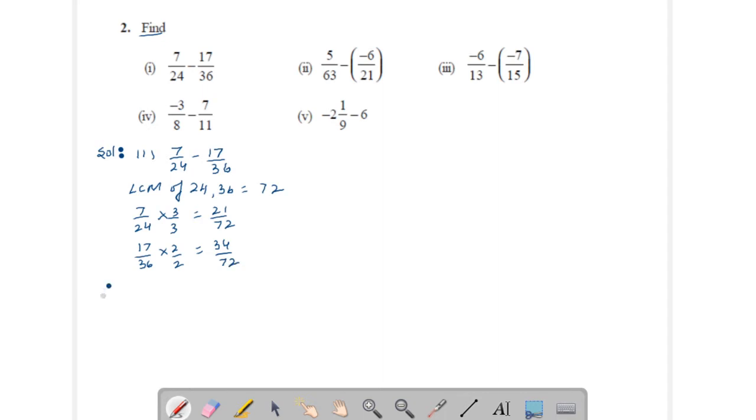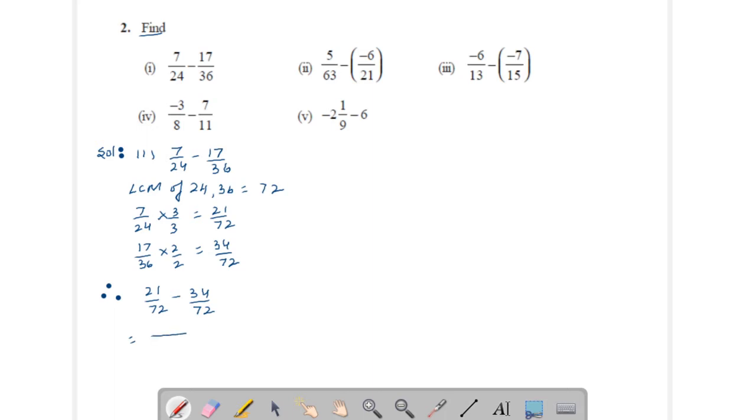Therefore, 21 upon 72 minus 34 upon 72. Now you can subtract it.